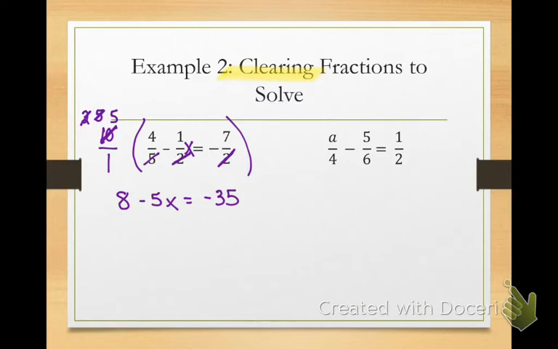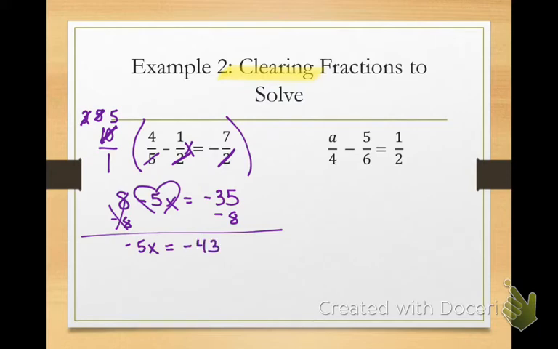Okay? All right. So now, where does our heart go? Around the negative 5x. We're going to subtract 8 from both sides. Okay? We bring down what? What do we bring down now? Negative 5x equals negative 43.